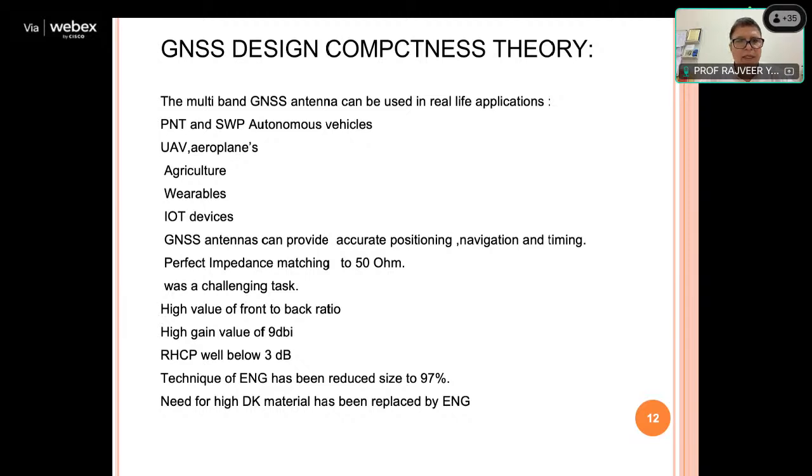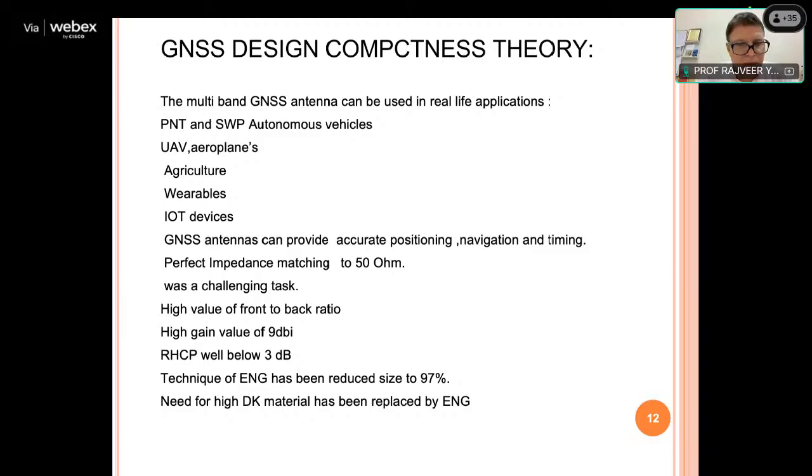Getting gain, our design will be able to provide 9 dBi gain with RSCP. RSCP is very important as far as GNSS antennas are concerned. So as I already said, we have applied the FSS of ENG concept, epsilon negative, and we are able to reduce the size by almost 97%.